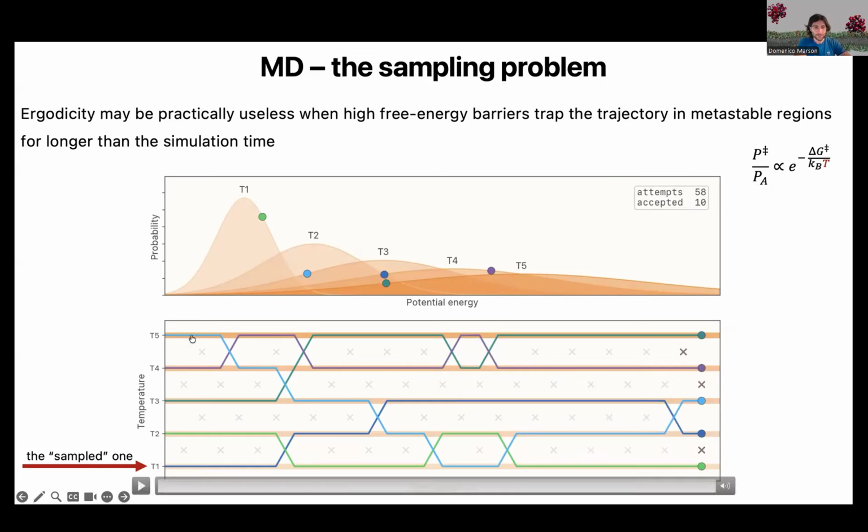And at some defined time intervals, you try to exchange configurations between two nearby temperatures. What does this mean? At this point the simulation asks itself: is the configuration here at this high temperature probable, plausible, acceptable at a lower temperature? If not, each simulation continues at its temperature with its configuration; otherwise they are exchanged.